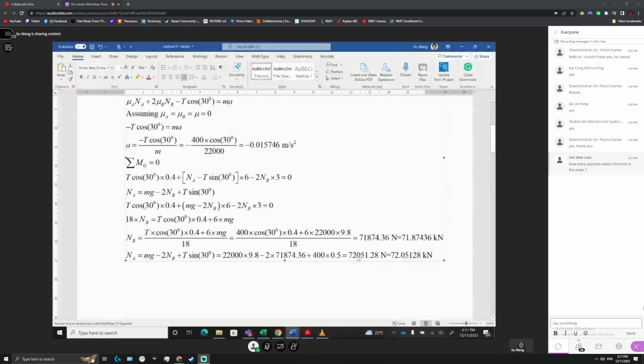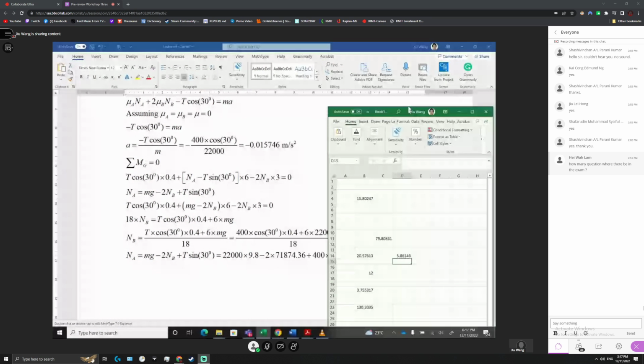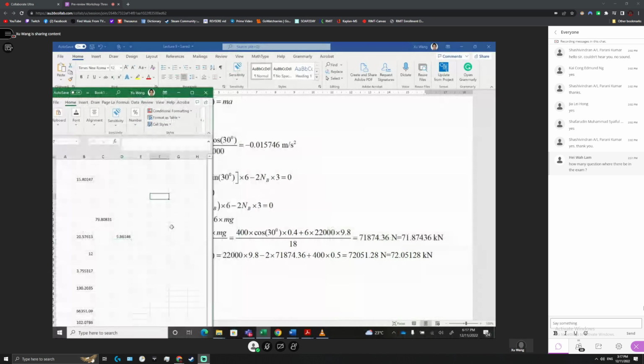We can check if it's right in our Excel file. You can see that. So equal to brackets 400 multiply cosine, change this degree to radians, F4.